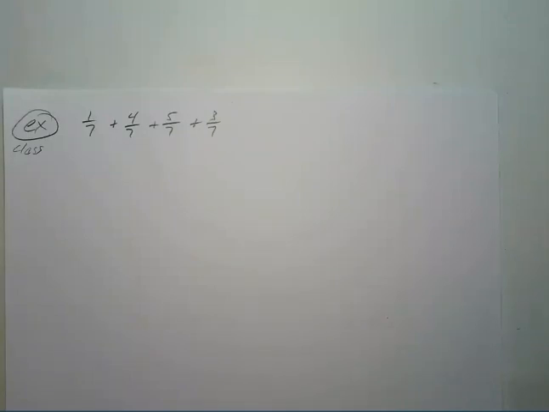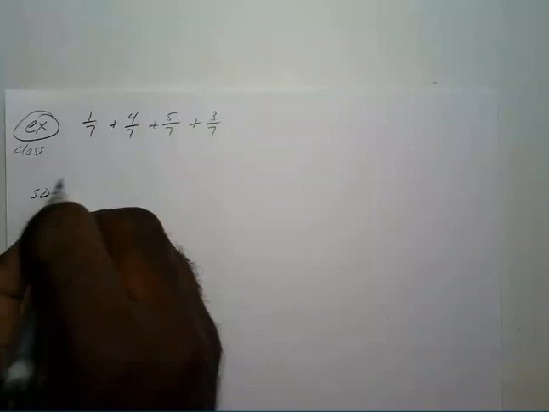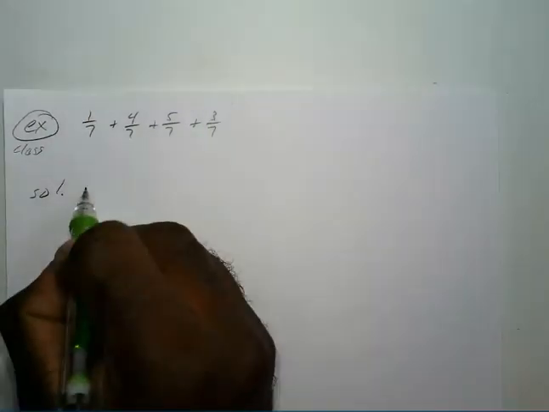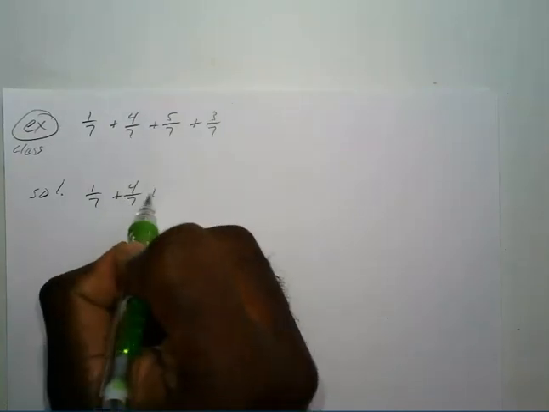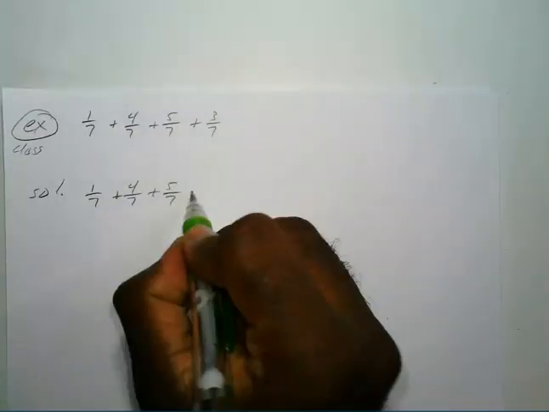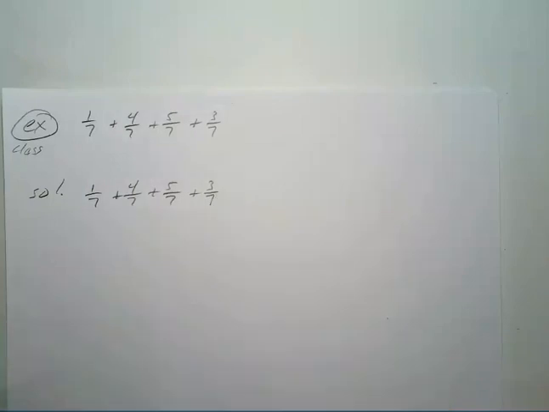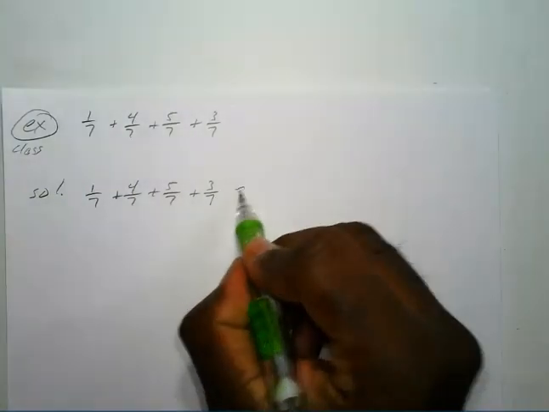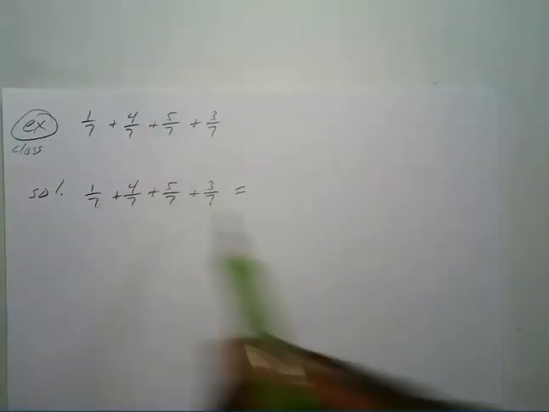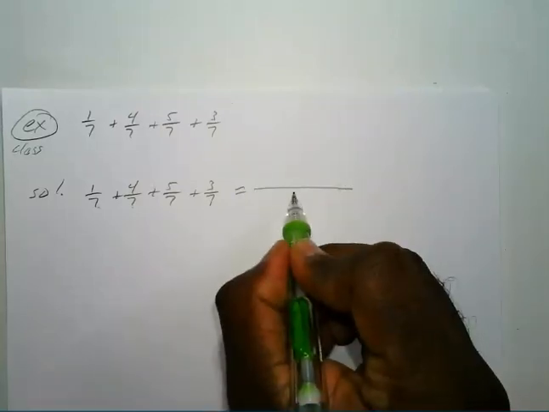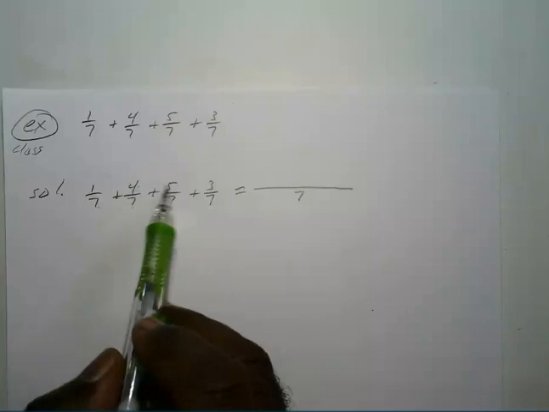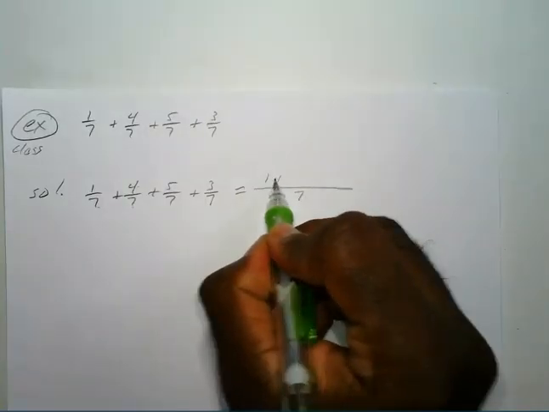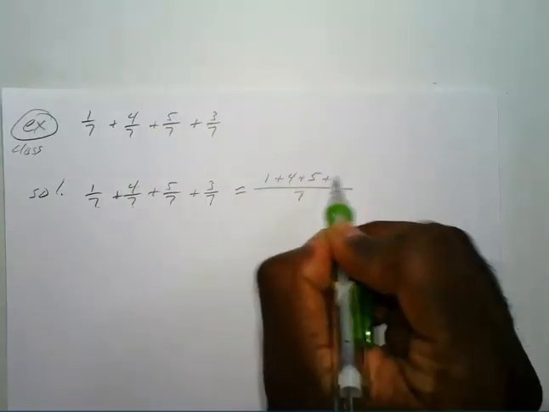All right, so assuming you've pressed pause and you've already worked this one out, let's verify it. So you have 1/7 plus 4/7 plus 5/7 plus 3/7. All of them are over the same denominator, so your answer is going to be something over 7. Now we just add all of our numerators: 1 plus 4 plus 5 plus 3.